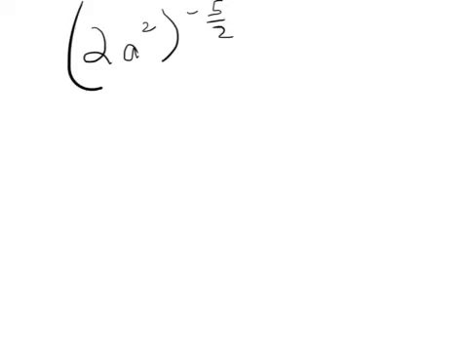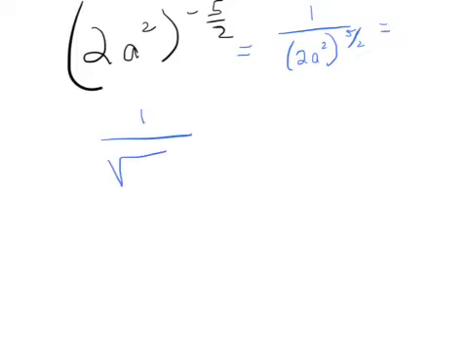We've got 2a squared to the negative 5/2 power. So we have a bunch of things to do here. First thing we've got to do is put this in a denominator. So we've got 1 over (2a squared) to the 5/2. Now that's going to give me 1 over the square root of 2a squared, that whole thing to the 5th power.